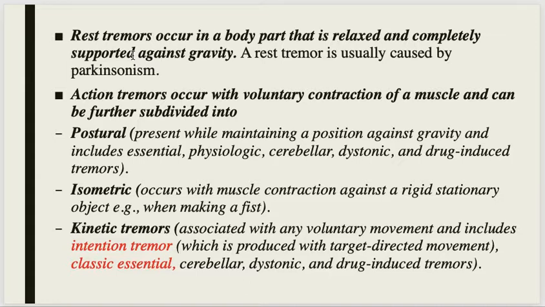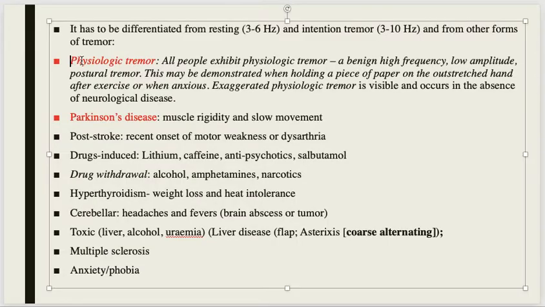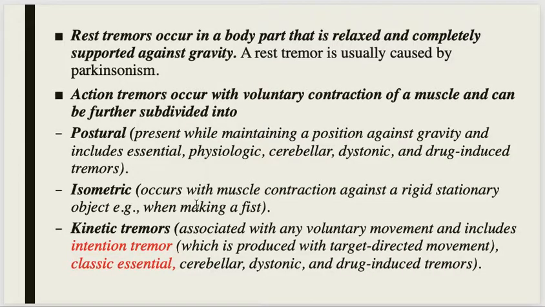Then there is one more type of tremor called essential tremors. Physiological tremors, which I was talking about, are present almost in everyone. Essential tremors resemble physiological tremor, but they are basically inherited disorders which run in some families.